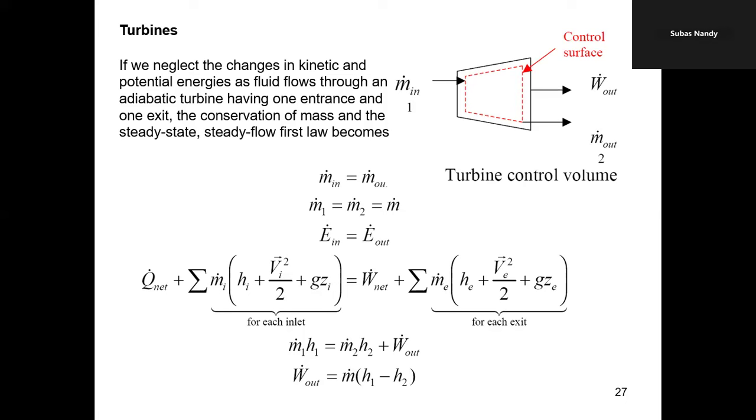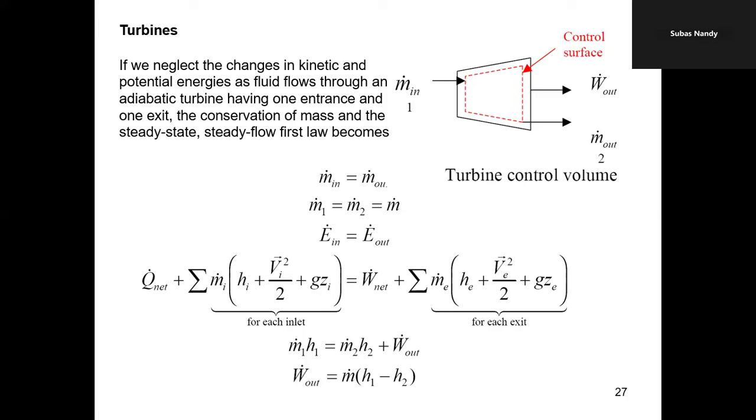If you neglect Q dot net and W dot net because it's an adiabatic system, with no heat exchange or work exchange with the outside, and you neglect the kinetic and potential energy, you write m1 dot h1 coming in is equal to m2 dot h2 plus W dot out. So what is W dot out?